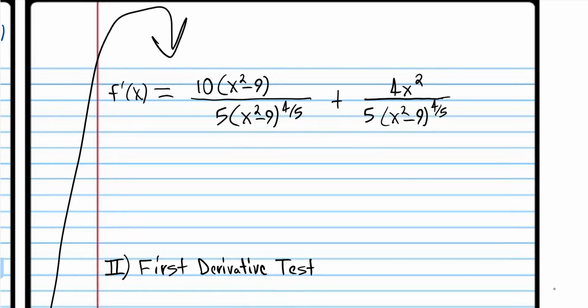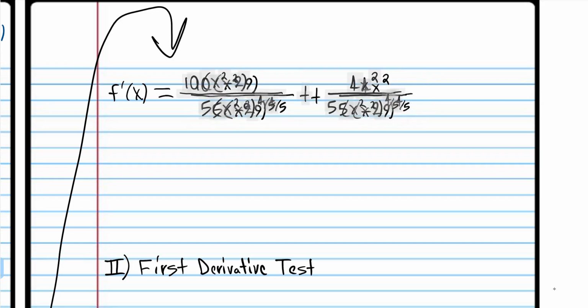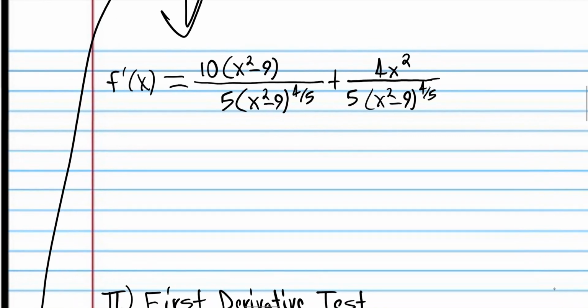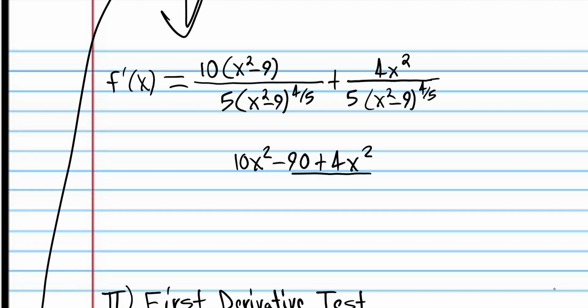And now we can add these fractions together, because we have a common denominator. We can also multiply these, so we get 10x squared minus 90 plus 4x squared all over 5 times x squared minus 9 to the 4/5 power.